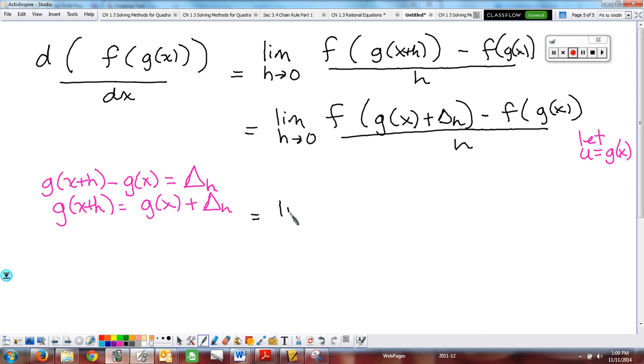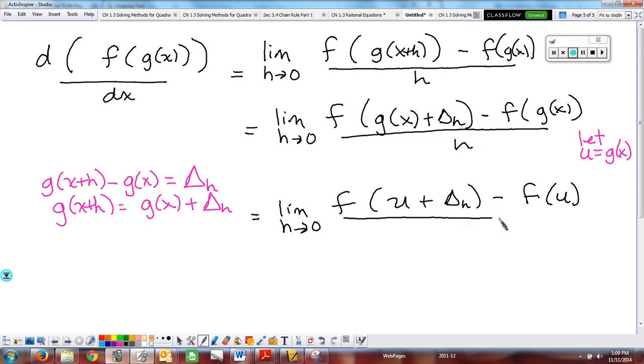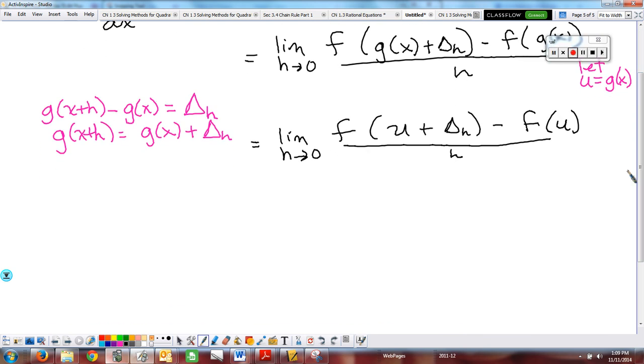So this is going to become the limit as h goes to 0 of f of u plus this change in h minus f of u all over h. Right? And here's where a little bit of the bad math comes in. What I want is I need to multiply this by a form of 1, and that form of 1 needs to be based on kind of the derivative, right?